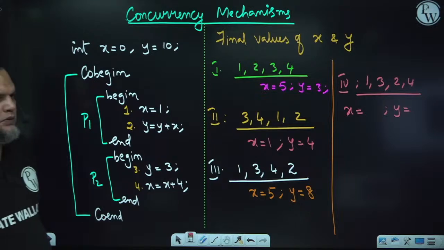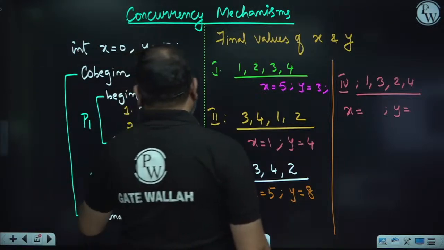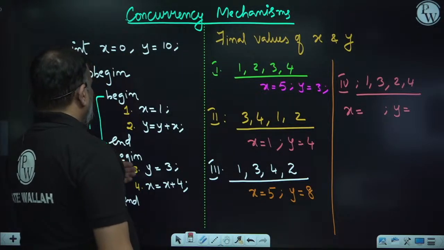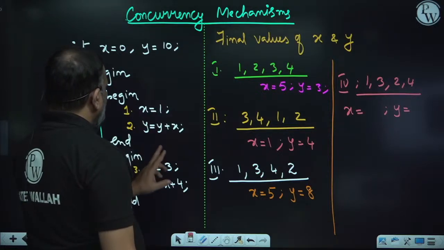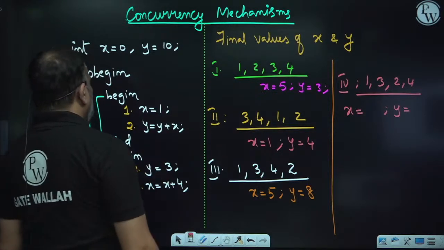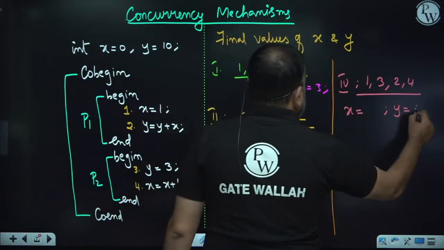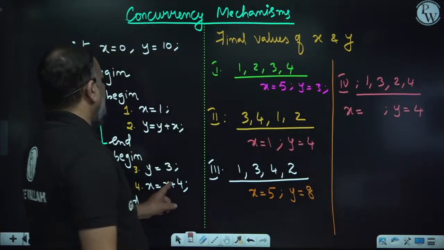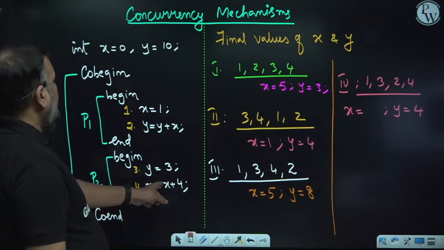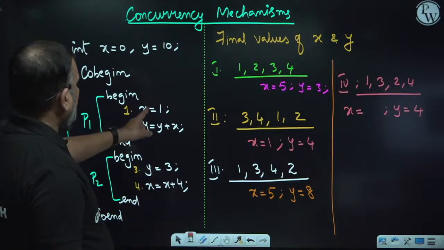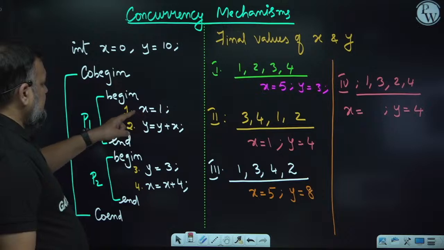So x equal to 1. Then y equal to 3. Then I am coming to 2. y is equal to y plus x. So therefore y becomes 3 plus 1, 4. y becomes 4. And x equal to x plus 4. Look at that. The earlier value of x is 1, right?